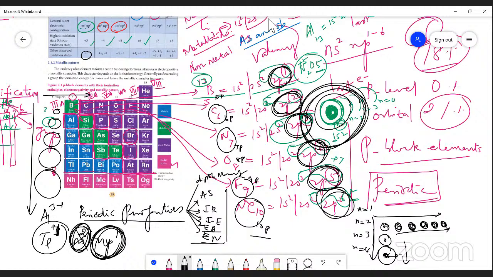Only the p electron is in action, so it is active. So thallium can produce the 1+ oxidation state. Carbon, for example, can produce +4 to -4, two oxidation states exhibited by carbon.